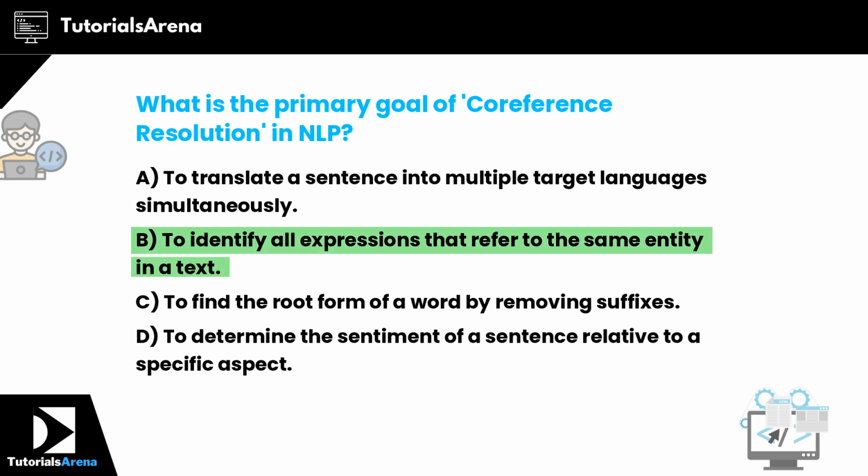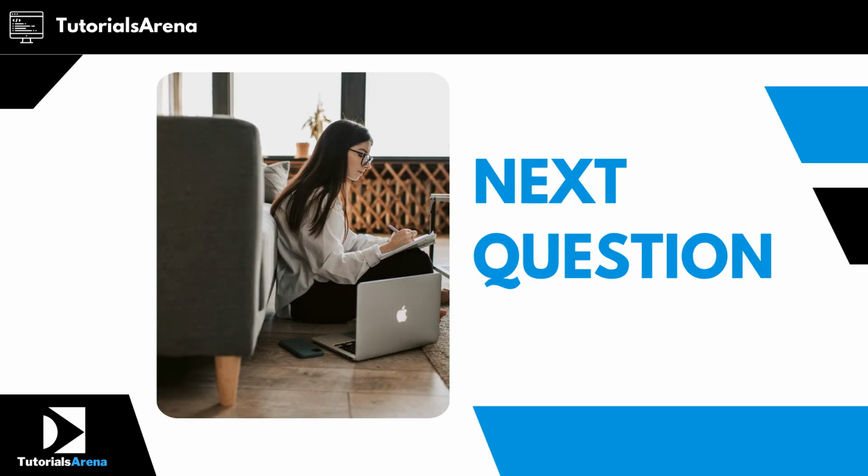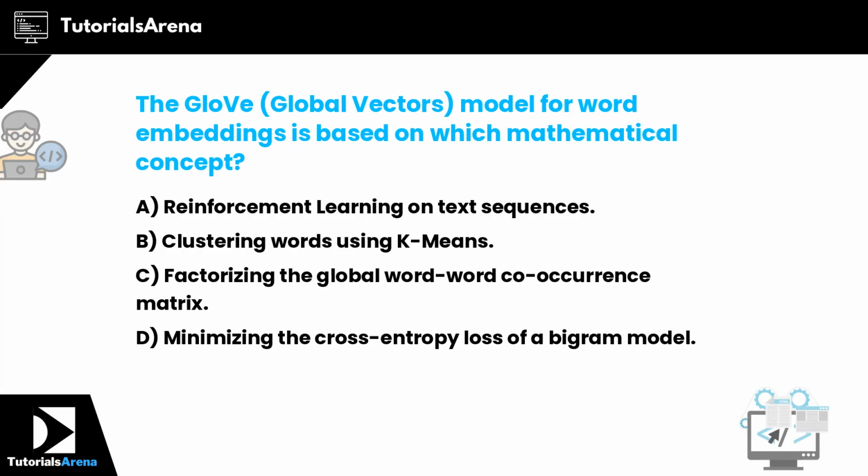The correct answer is option B. To identify all expressions that refer to the same entity in a text. The GloVe (Global Vectors) model for word embeddings is based on which mathematical concept? The correct answer is option C, factorizing the global word-word co-occurrence matrix.